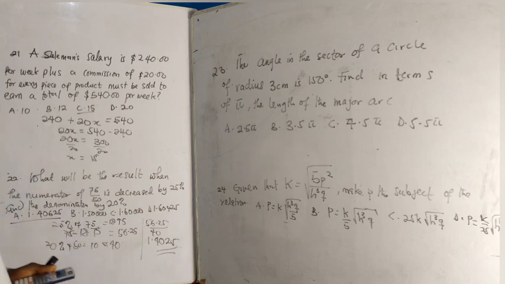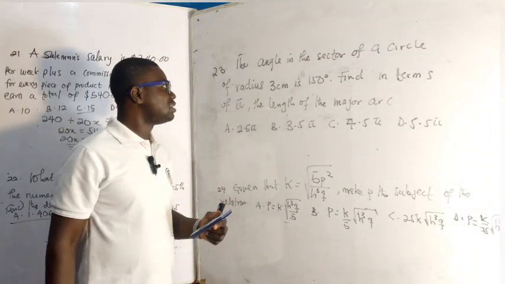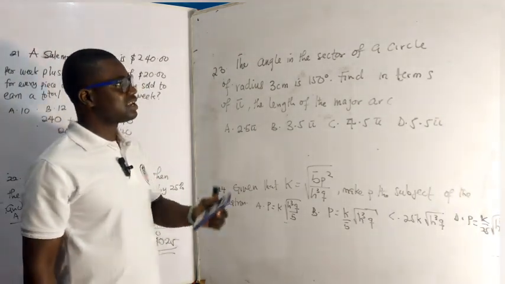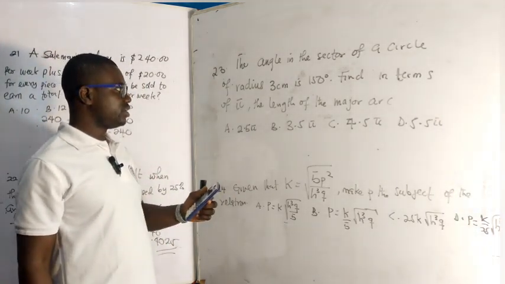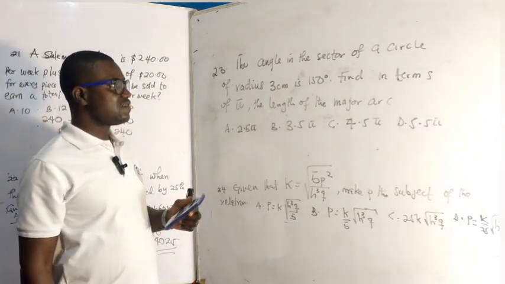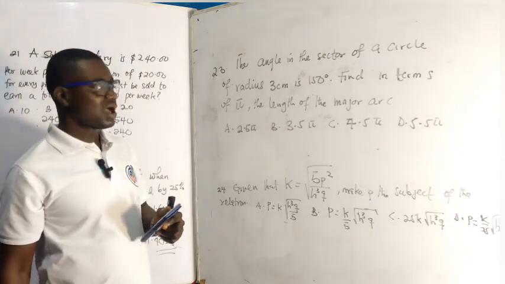Now let's move on to the next question, question 23. It says the angle in the sector of a circle of radius 3 centimeters is 150 degrees. Find, in terms of pi, the length of the major arc.